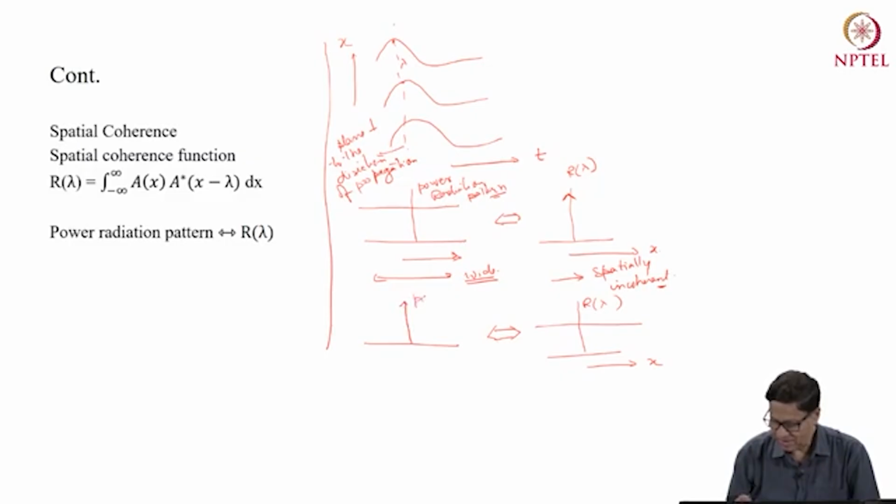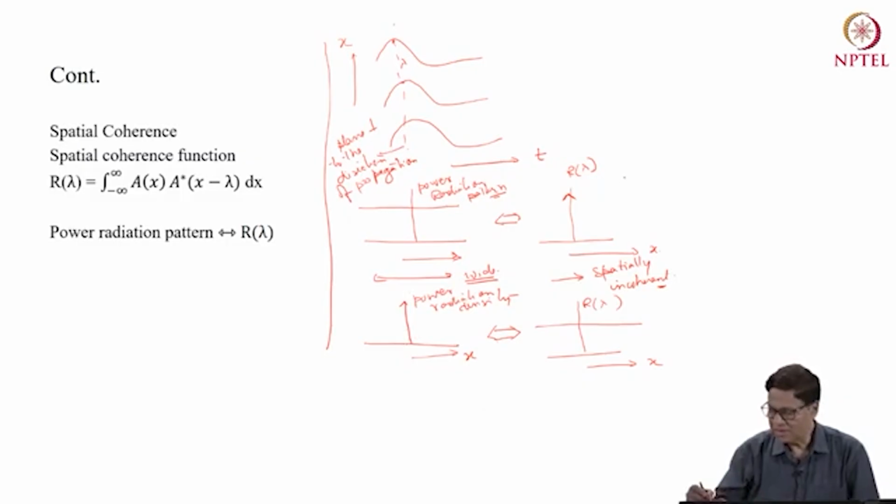So this is the power radiation pattern or density, you can write. So this is in space x, and it gives you highly directional power in one particular direction.